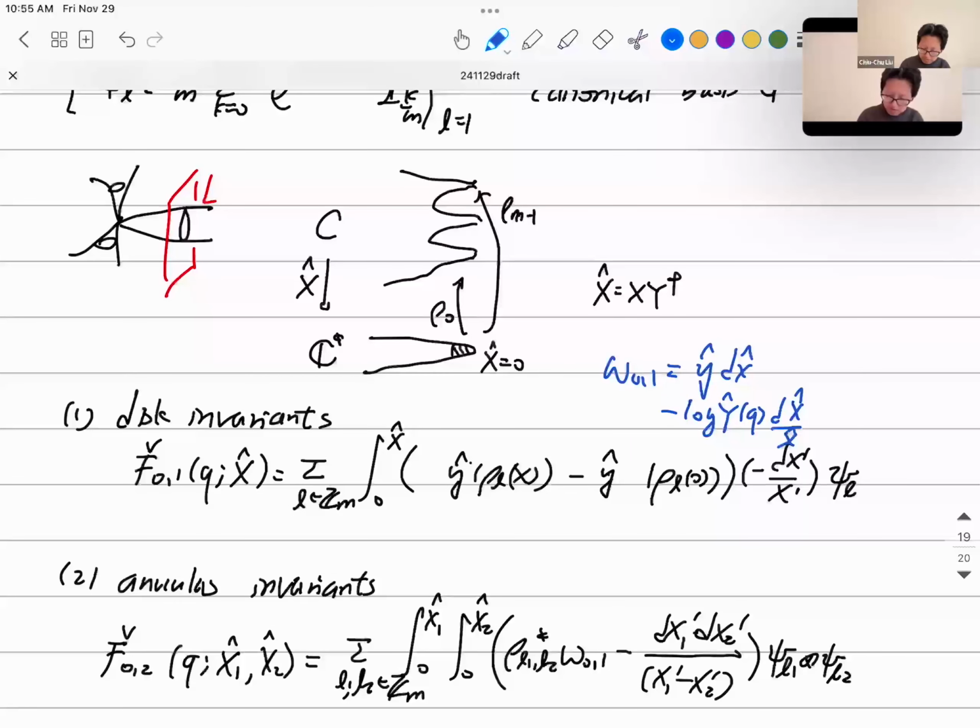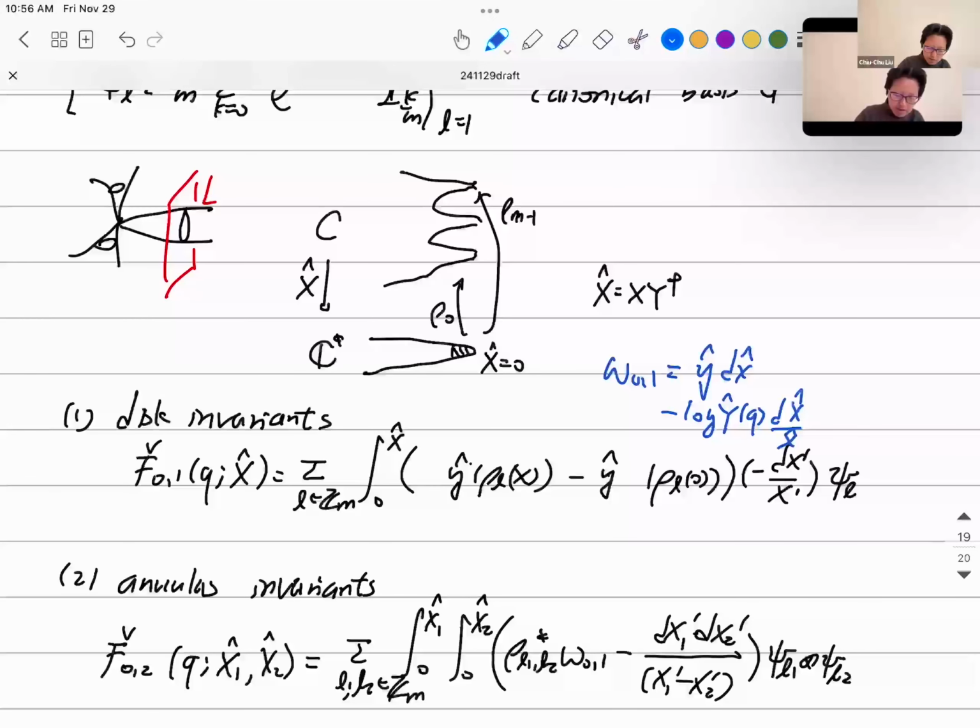But then now if you consider a Lagrangian on a stacky... a Lagrangian which contains stacky points, this will correspond to m punctures on the mirror curve.